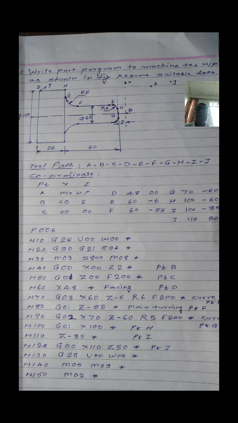As the radius is 5 millimeter, means you have to reduce the radius from the length, that is 60 millimeter. 60 minus 5. Therefore, its z coordinate is minus 55. Is it okay? 60 minus 5. Therefore, point F having the coordinates x 60 and z minus 55.